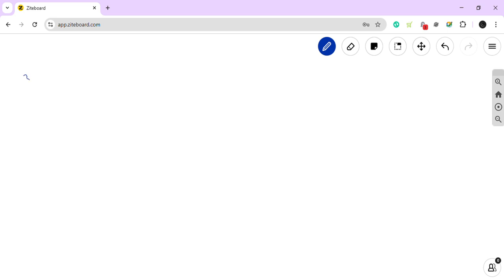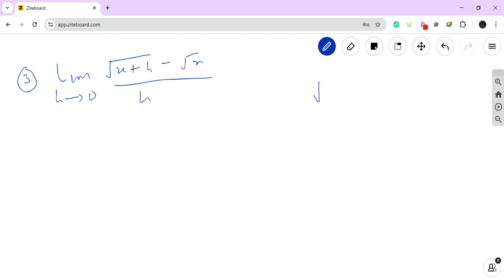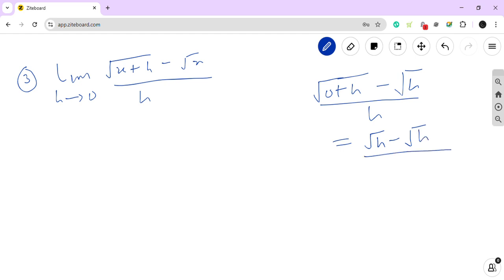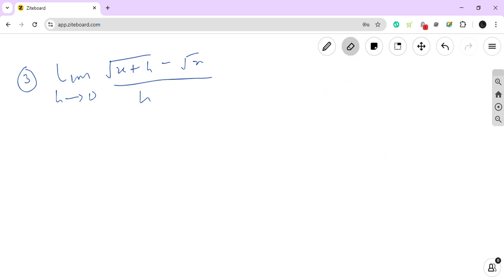Alright, so example 7, we have limit as h tends to 0 of square root of x plus h minus root x over h. Now, if we substitute this directly, anywhere we see h, we input 0.